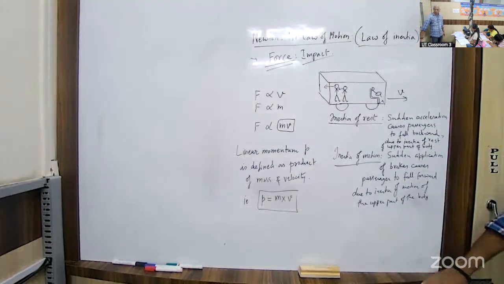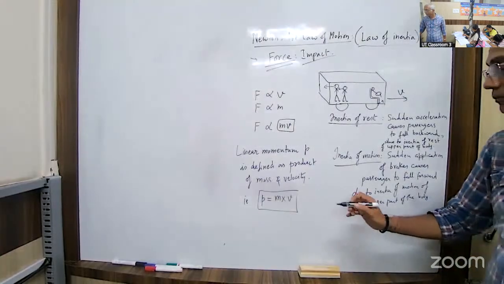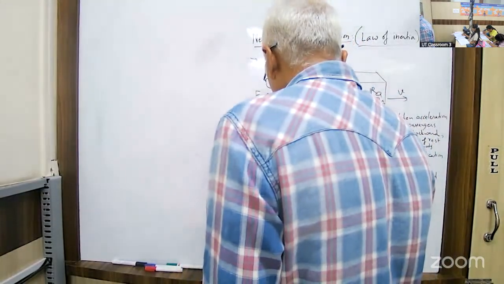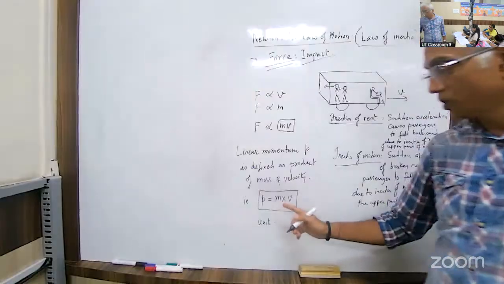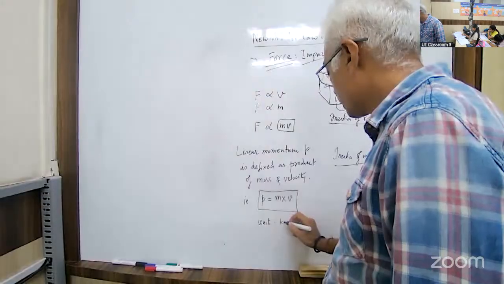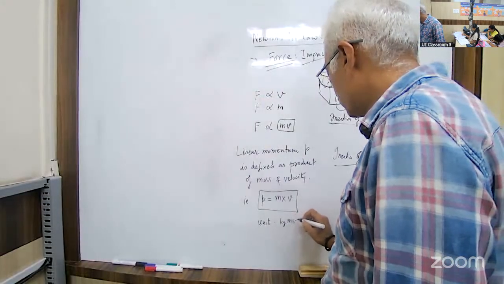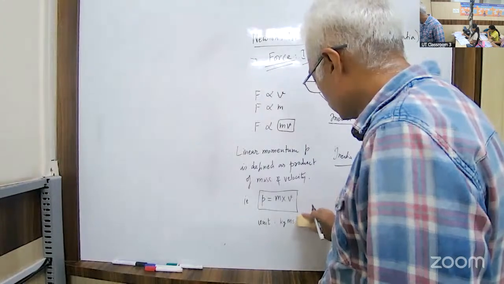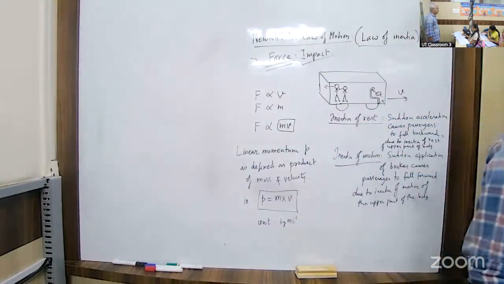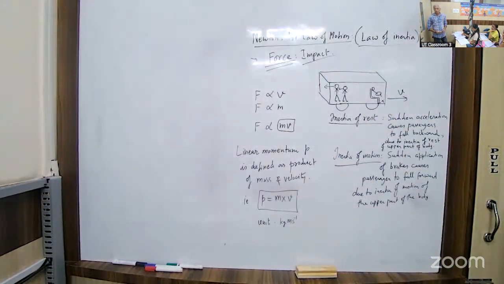So this is a new physical quantity. What is the unit of linear momentum? Unit of mass multiplied by unit of velocity. It will be kg meter per second.